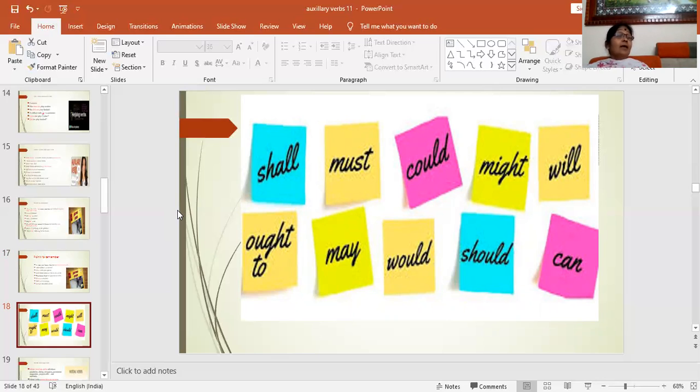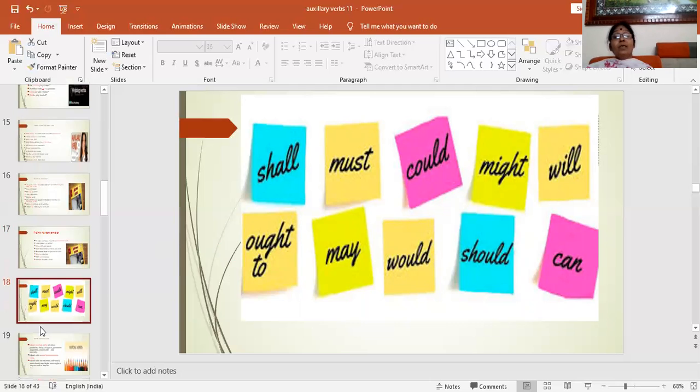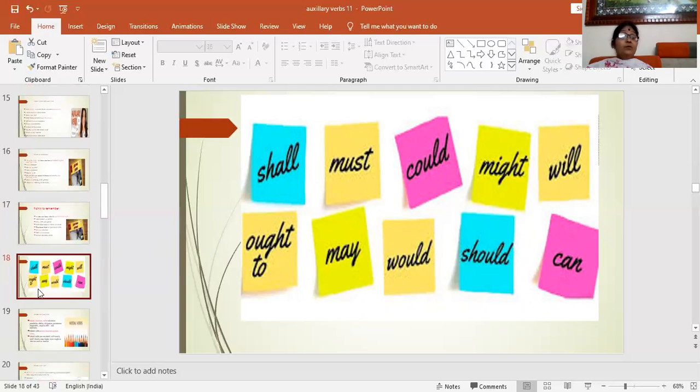They are a part of auxiliary helping verbs and they are called modal verbs. Now, the earlier ones that we have learned are primary verbs, right? They are primary verbs and these are modal verbs. What are modal verbs? How they function and where we can use these verbs, we will learn.